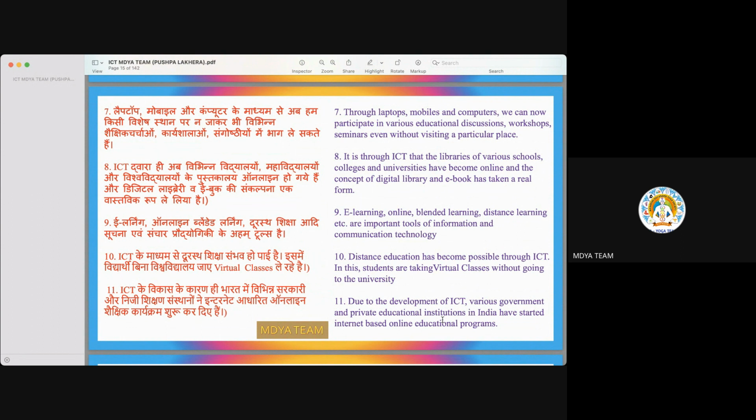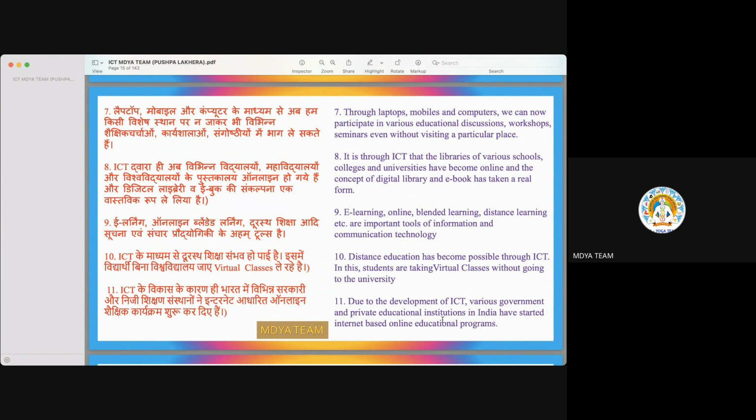So e-learning, online learning, blended learning, distance learning are all important tools of information and communication technology. So distance education becomes possible because of this. Virtual classes are also going on without going to the universities.